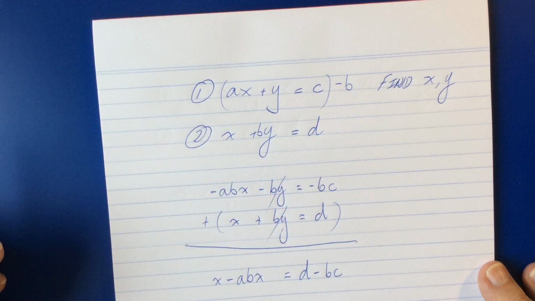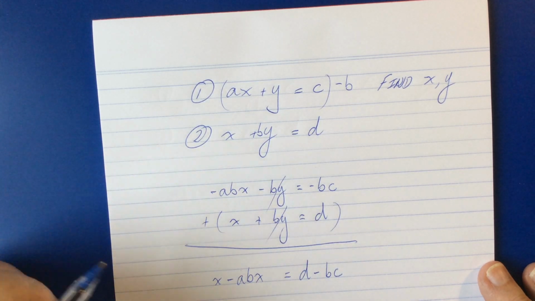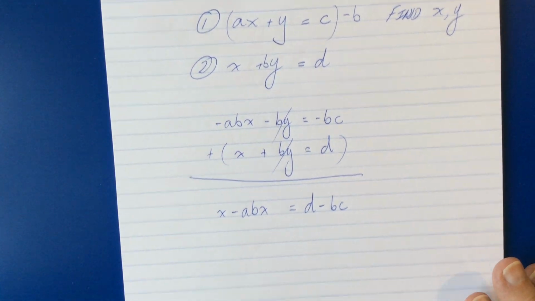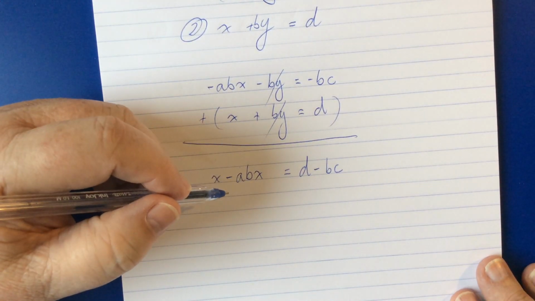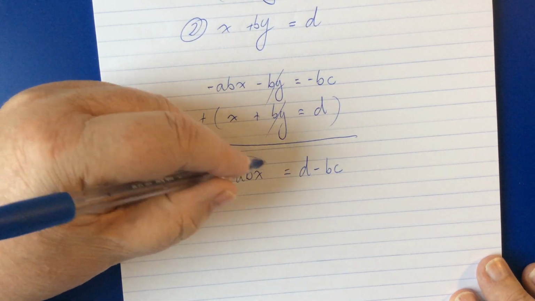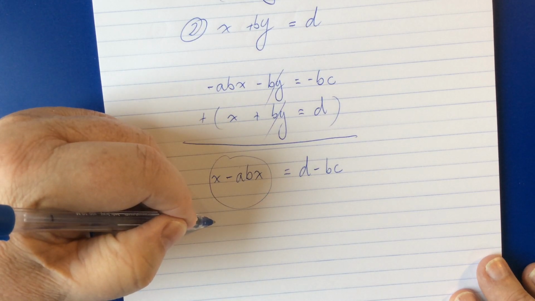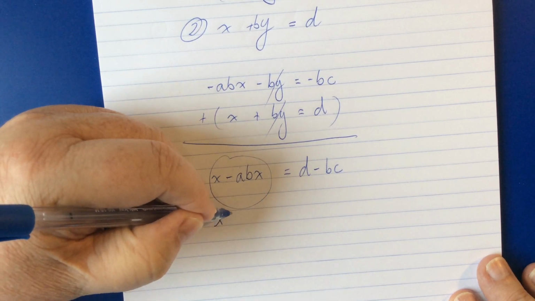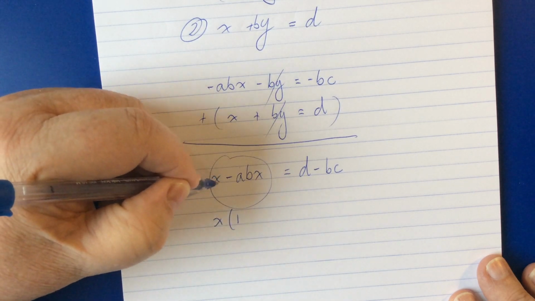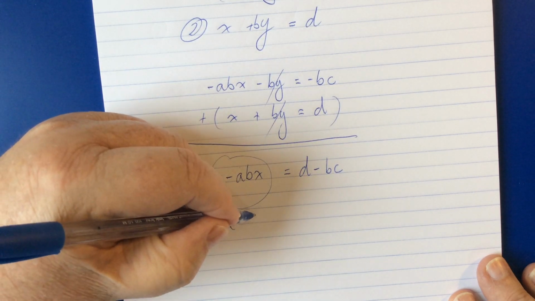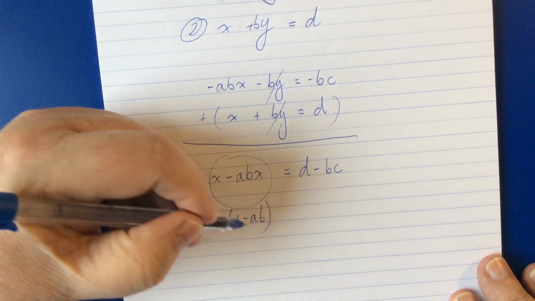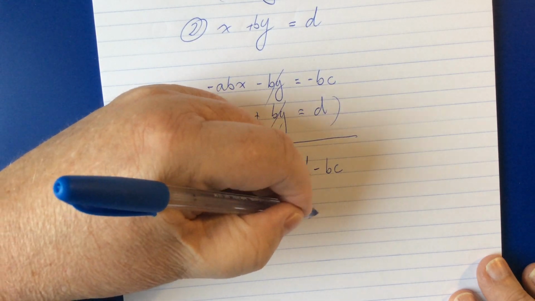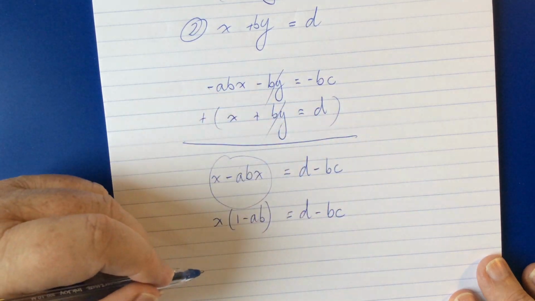Right, this looks very promising. I think we're well on the way to finding x. So let's rewrite this. x into 1 minus ab, that's going to give us this, if we multiply that out, is equal to d minus bc.